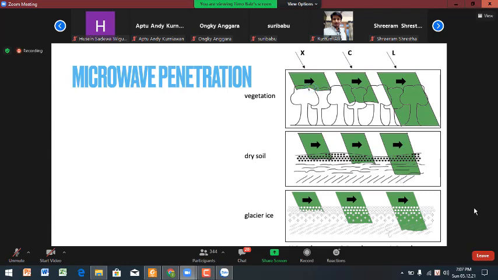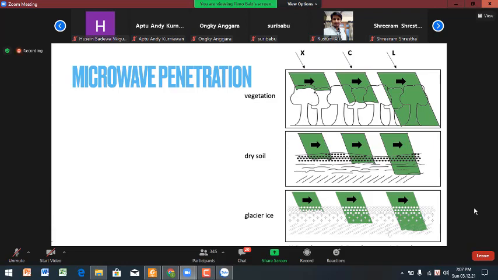It is somewhere in the beginning of the forest and a couple of centimeters below it. With C band, you're more deep in it, you're somewhere in the canopy, and with L band, you are probably on the ground. So the DM that you measure is probably on the ground. I said probably because it also depends on how dense the forest is.